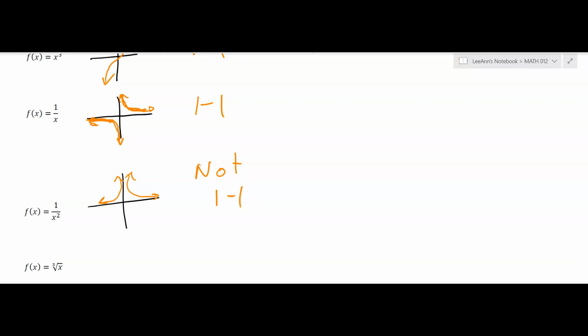So it's not one-to-one, so we want to kind of take off part of the graph. I would, again, get rid of probably this part over here. And so I'm going to restrict to say that if I have f of x equaling the reciprocal square function, then I'm going to say x has to be greater than 0.